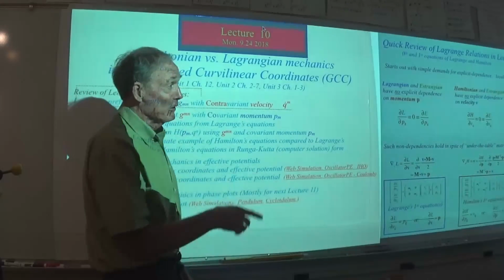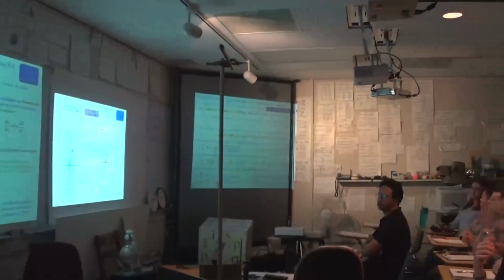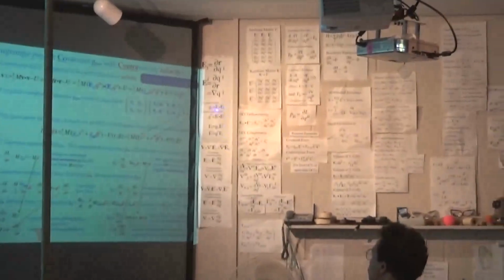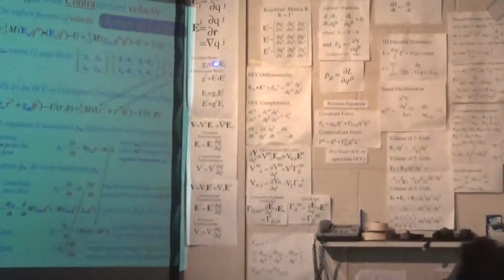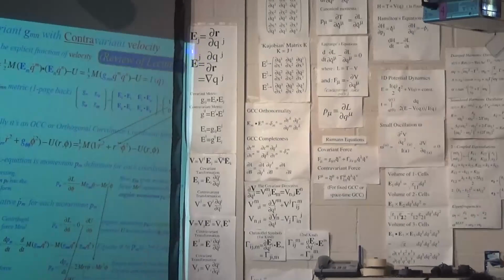Now just to refresh your memory a little bit, on the wall here we have the covariant metric defined by the dot product of covariant unitary vectors. That's the one at the top with the index down, and then the contravariant ones with their indices up in the air.